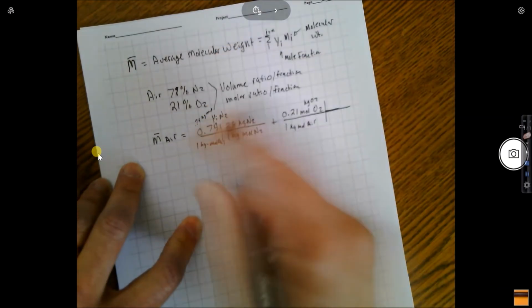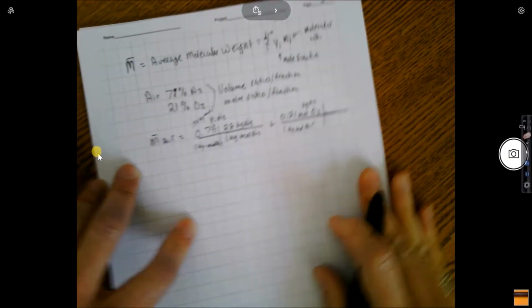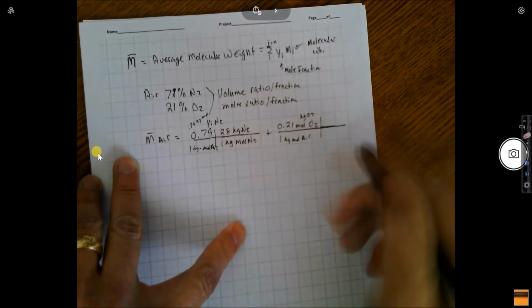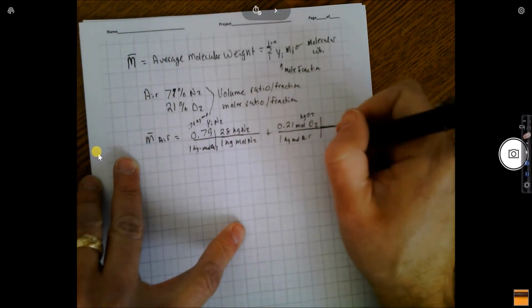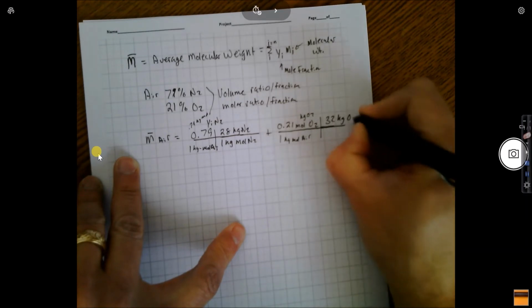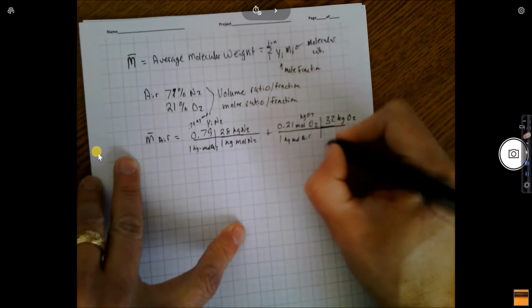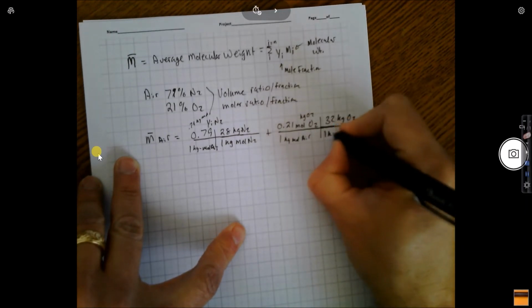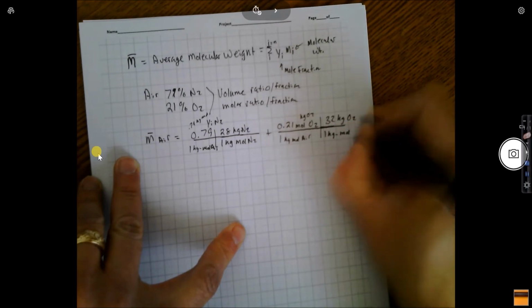So forgive the bookkeeping. This one's a little bit better. Sorry about that. Okay, and there are 32 kilograms of O2 in 1 kilogram mole of diatomic oxygen.